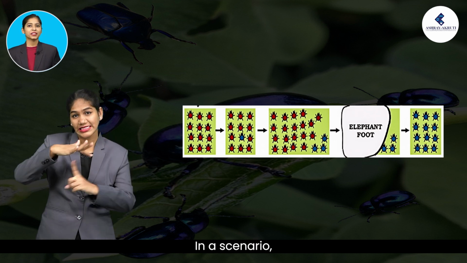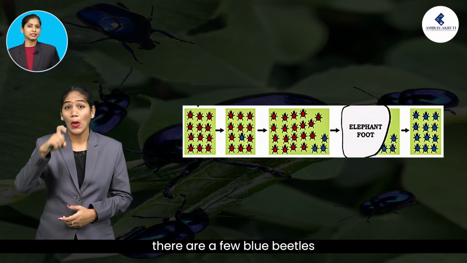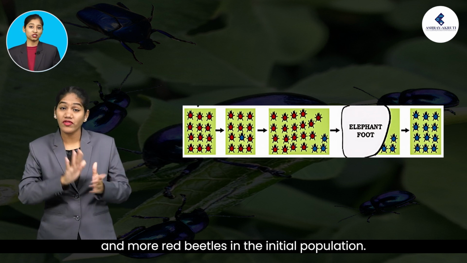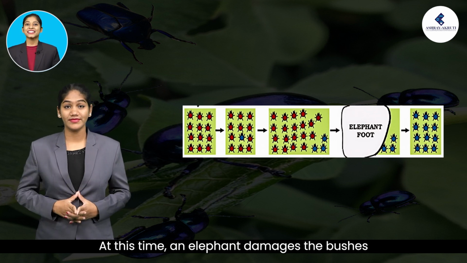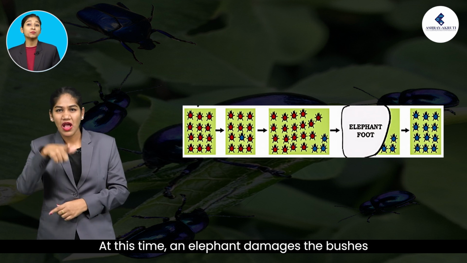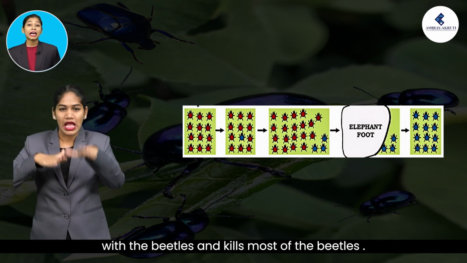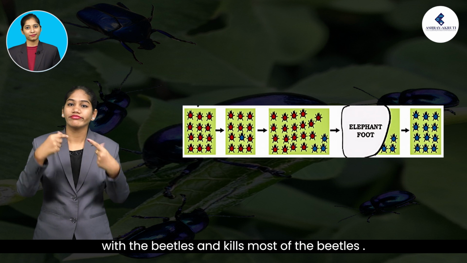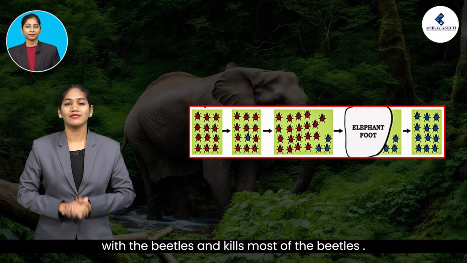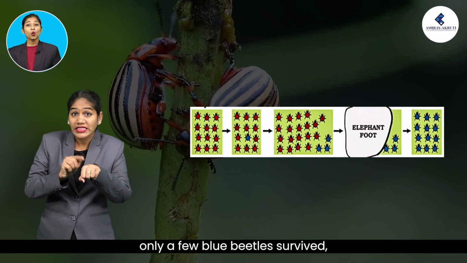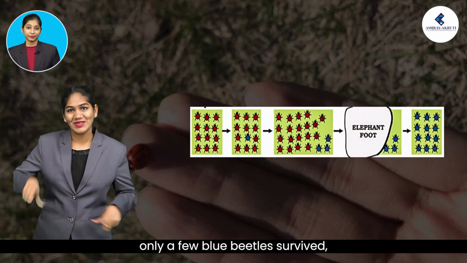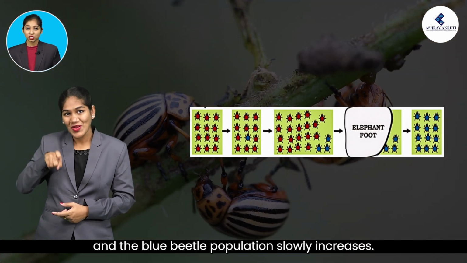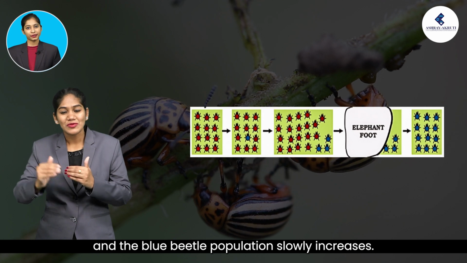In a scenario, there are a few blue beetles and more red beetles in the initial population. At this time, an elephant damages the bushes with the beetles and kills most of the beetles. By chance, only a few blue beetles survived, and the blue beetle population slowly increases.